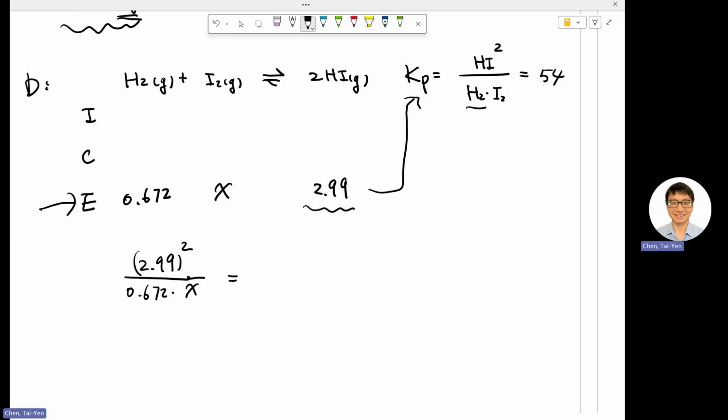But if you do this calculation, it gives you a value of 54. Then you get to this very simple equation and you can solve for X, which equals 0.25. That is the pressure of I2 at equilibrium, so that is the answer you're looking for.